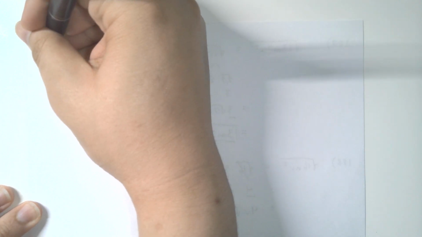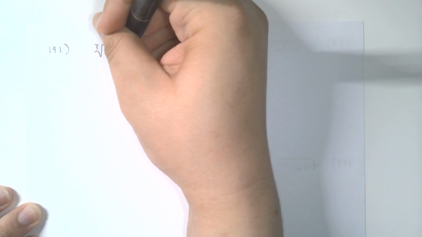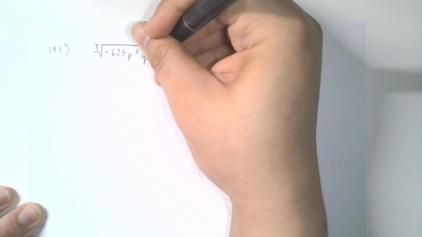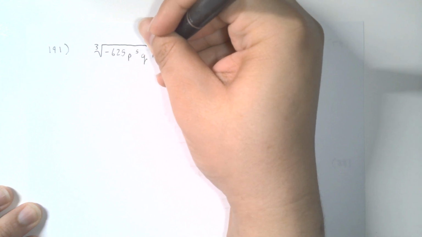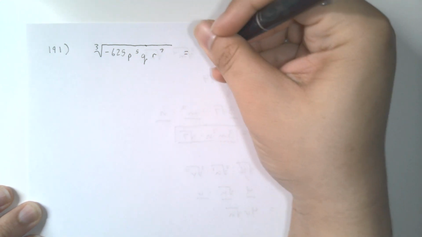So for this next one, we have 191. This is the cube root of negative 625 p to the fifth times q times r to the seventh. So we break it up.